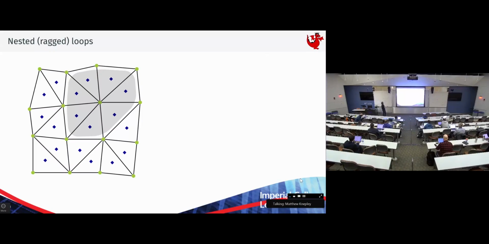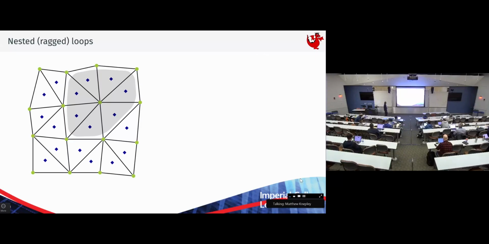So in this case, you look at all the cells around a vertex, and you just say, well, the maximum cell number is what I put in my vertex. And this is hard because the number of cells that touch a vertex is not constant. So, for example, this vertex down here only has 2 cells that touch it, whereas this one has 7 cells. So what that means is we are generating code that has these ragged loops.